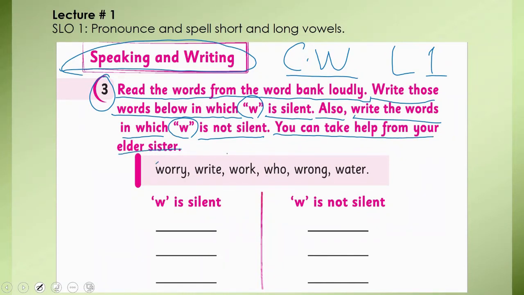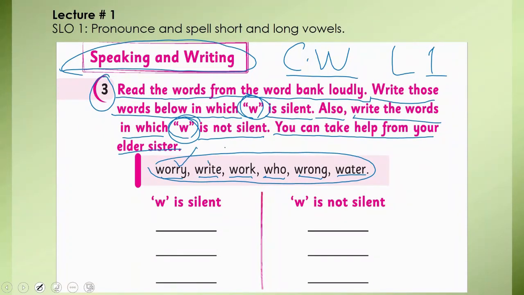So in this word bank here, you have got 1, 2, 3, 4, 5, 6 words, and they all start with the sound w. Let's read them one by one. Worry, write, work, who, wrong, water.